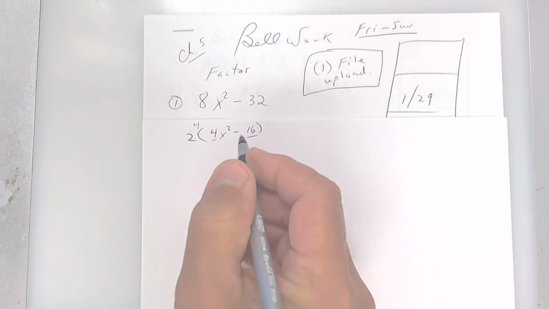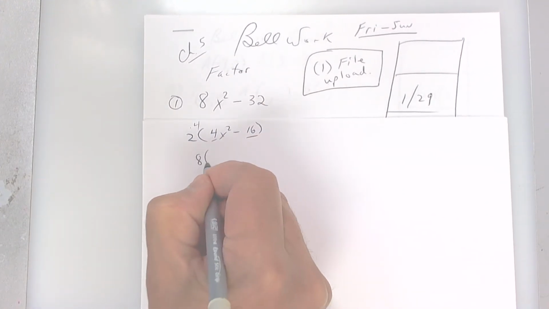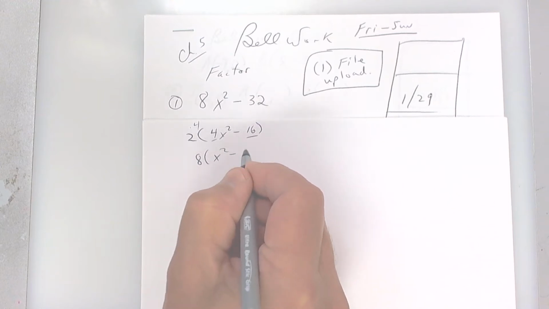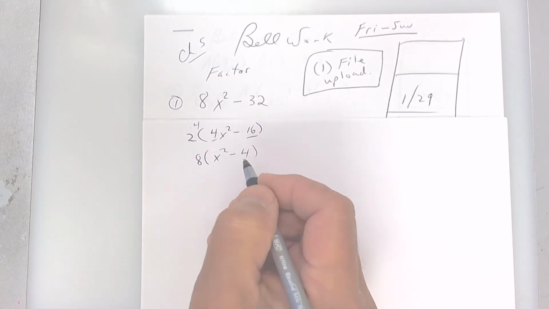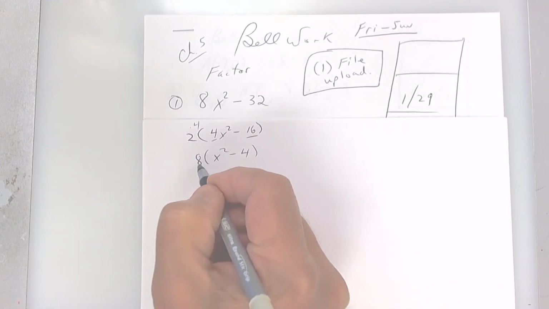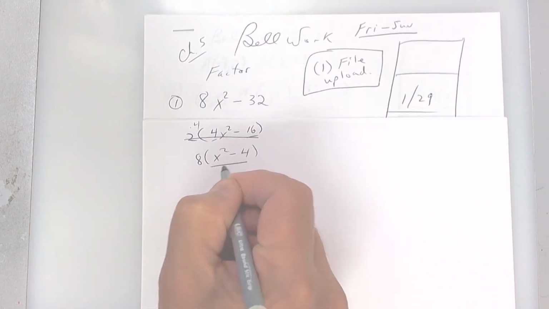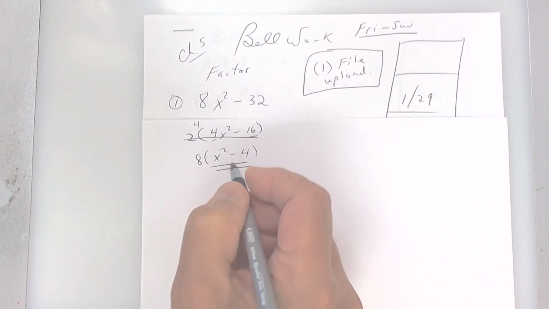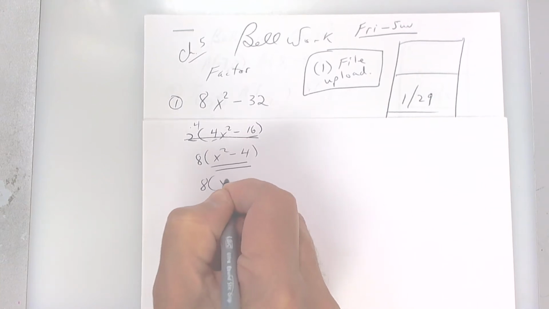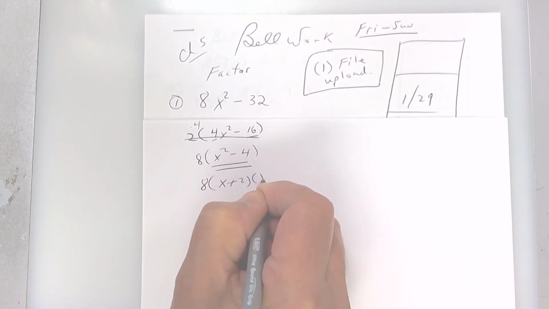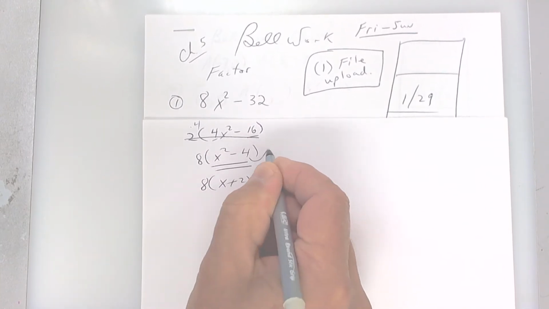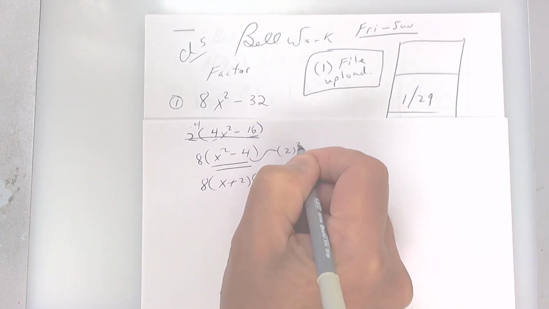So 4 times 2 is 8. So we could have taken out an 8 is what it amounts to. 8 times 4 is 32. 8 times x squared is x squared. Now this is the difference of 2 squares. So that's going to be 8 and then x plus 2 and x minus 2, because 4 is a perfect square.